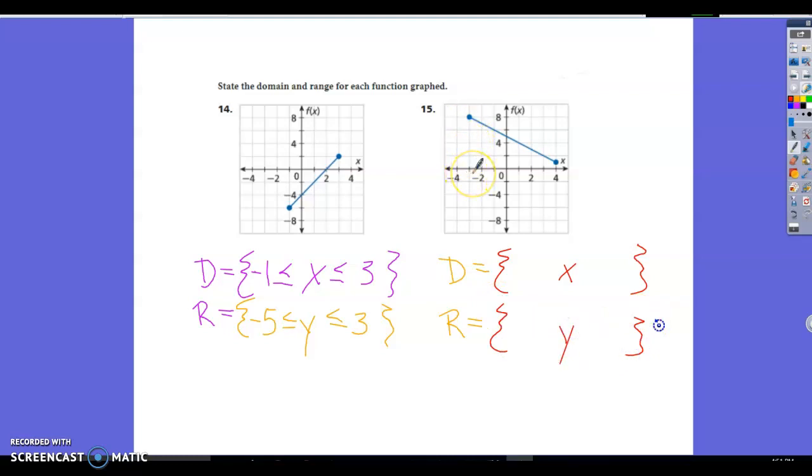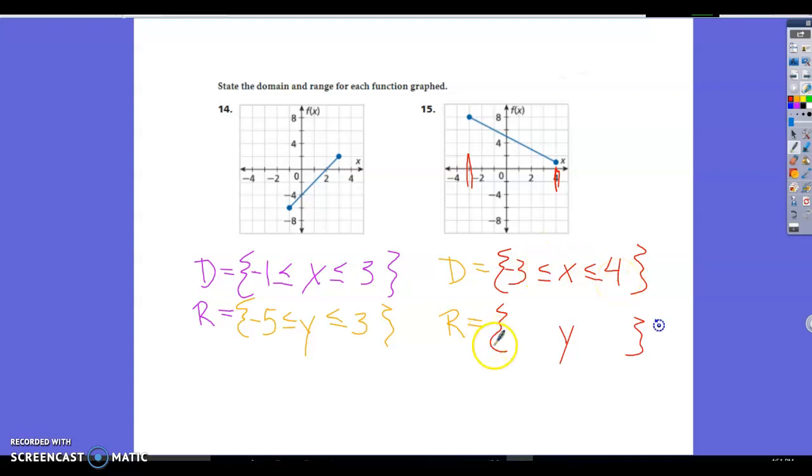So the domain is our x's. It looks like if we go over to about -3, and that one's at 4. So we're going to go from -3 to 4. Again, these endpoints are solid, so we're going to close those. If those were open circles, it would just be less than, not less than or equal to.